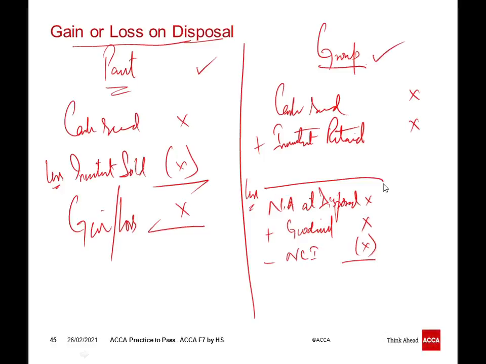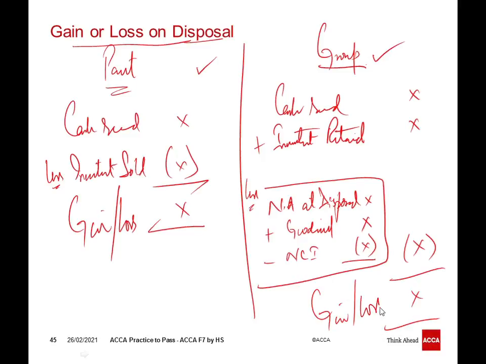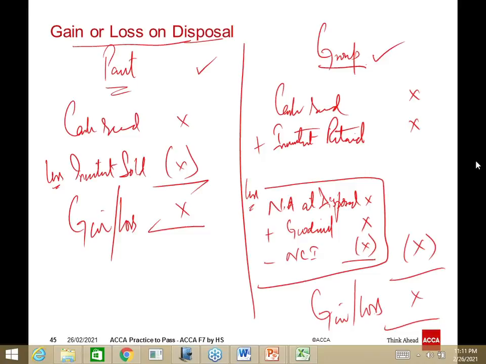This is a separate working. By adding these figures, we get the final answer, and here we can find the gain or loss on disposal. So gain or loss on disposal is a compulsory part which the examiner usually asks, even in the ratio related questions.